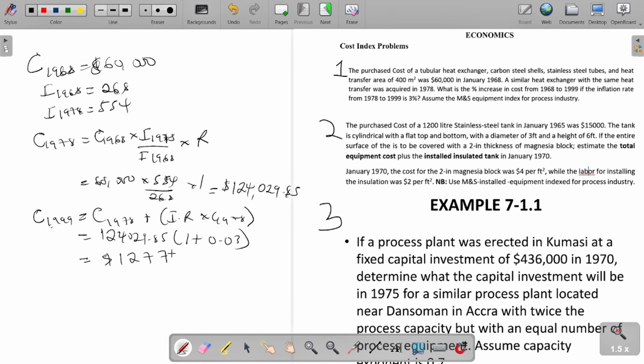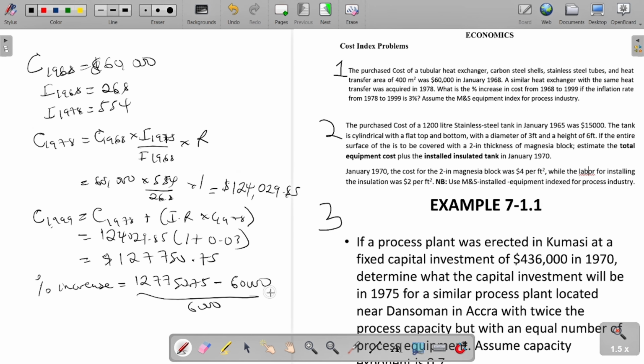This gives us a cost in 1999 to be $127,750.75. So now I can calculate my percentage increase. The percentage increase becomes 127,750.75, the cost in 99, minus the cost in 68, which is 60,000, divided by 60,000.